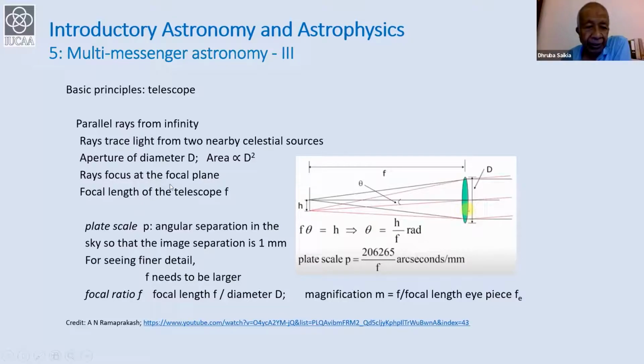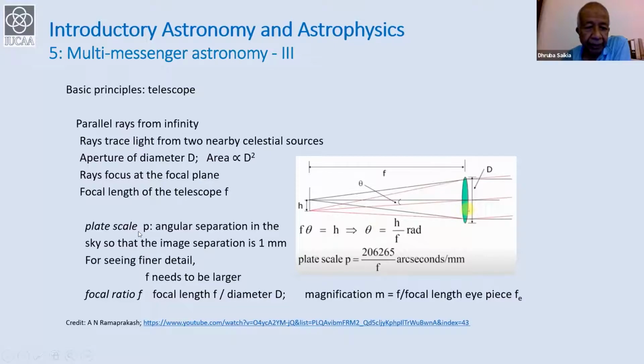So this lens focuses the light on this focal plane, and where it focuses will depend on the focal length of the lens. Now, the ability to separate these two objects out in your focal plane would depend upon the focal length of the telescope.